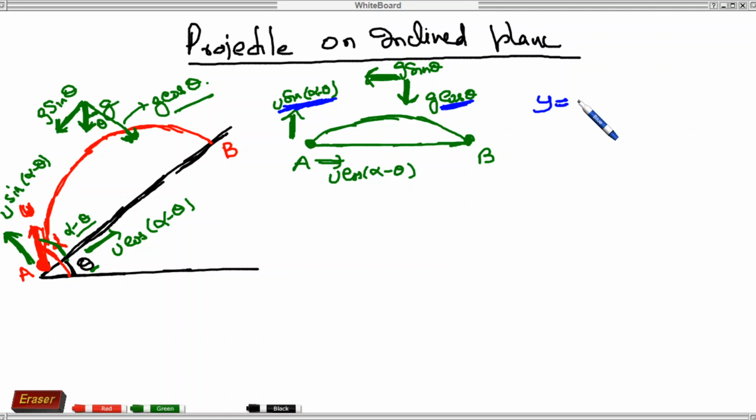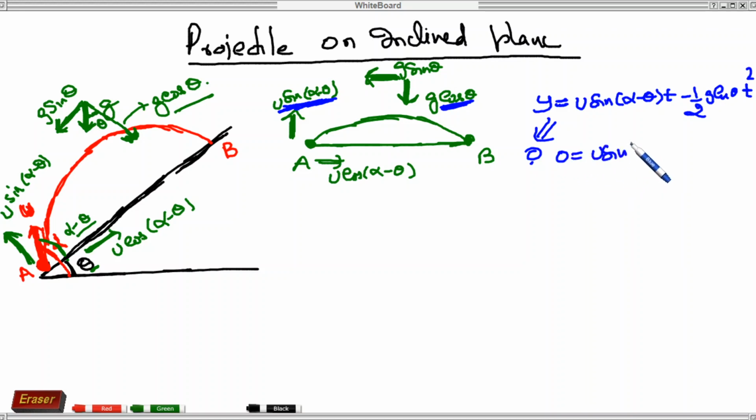This displacement will be zero: y equals u sin(alpha minus theta) t minus half g cos theta t square.